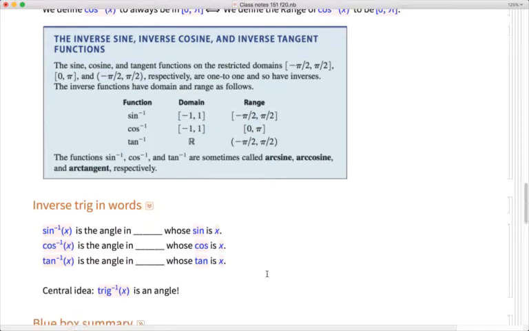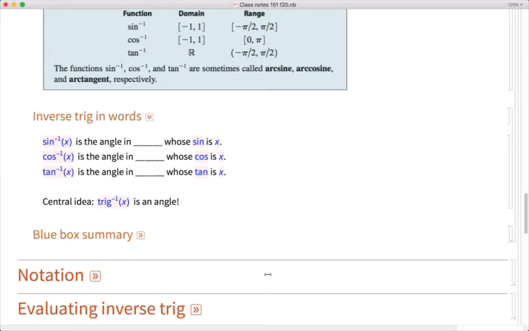Okay, so in words, I think it's important that you're able to fill in the blank here. When you want to think about the inverse sine of x, what you always want to think about is that it's an angle. As strange as that sounds, it's the angle in some interval. It's the angle in the interval from minus pi over 2 to pi over 2.